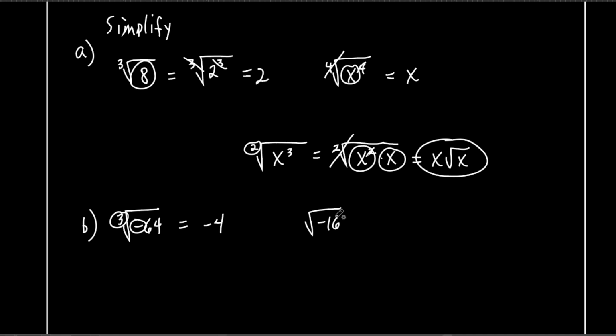No, I can't. So can you do this? You cannot. Anytime you have an even index or an even root, you cannot take an even root of a negative number. Does that make sense? Just make sure that you understand that. If I had a fourth root or a sixth root or an eighth root, you cannot take an even root of a negative number. We good with that? That's pretty important.